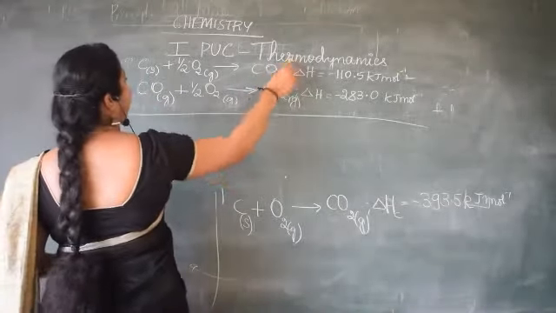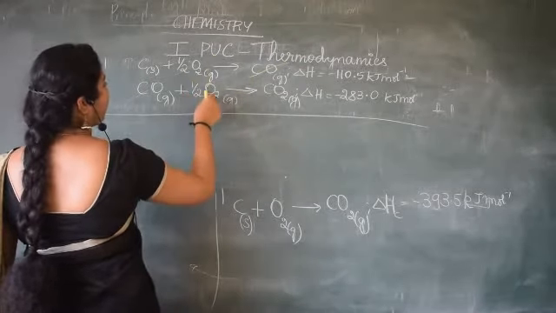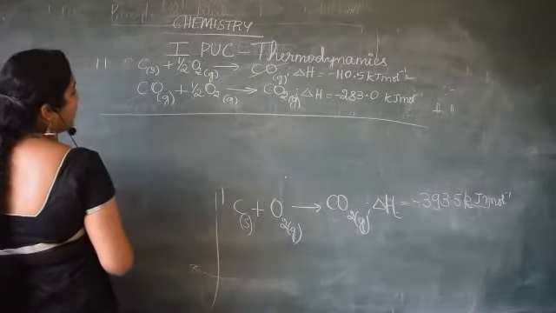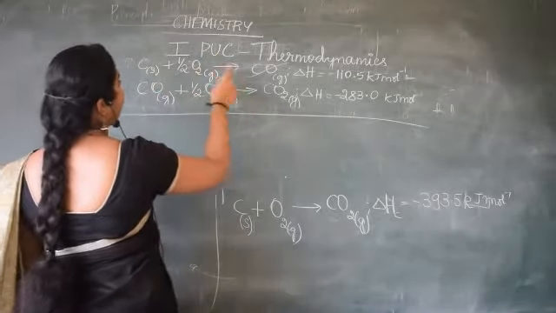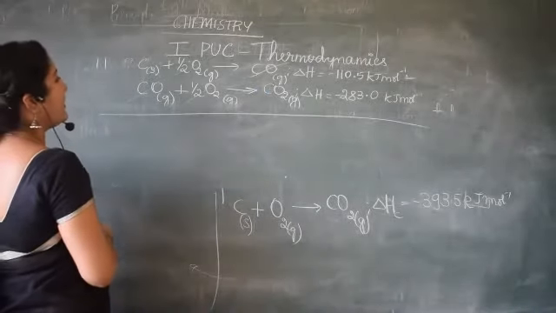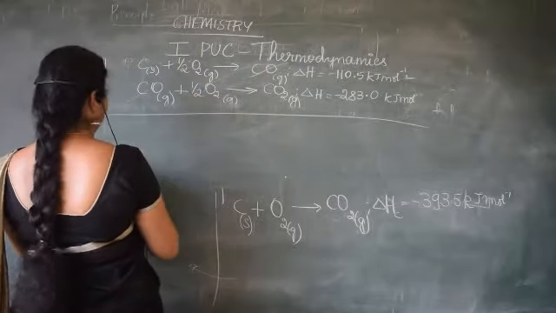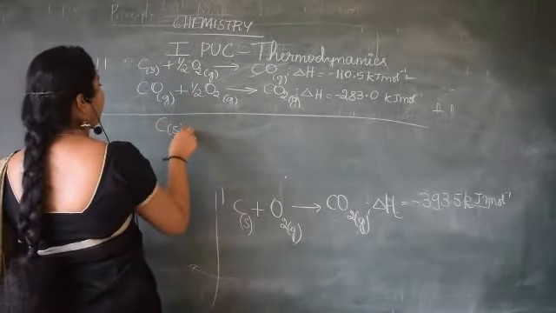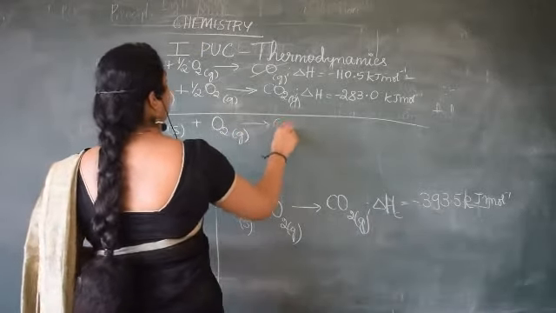carbon monoxide cancels. Half oxygen cancels. What remains here? Here what remains is carbon forming carbon dioxide. So here you can write, after cancelling this half oxygen, we need oxygen, right? So you can write carbon plus 1 mole of oxygen giving carbon dioxide.